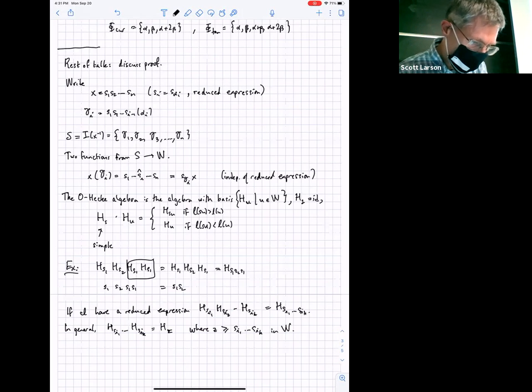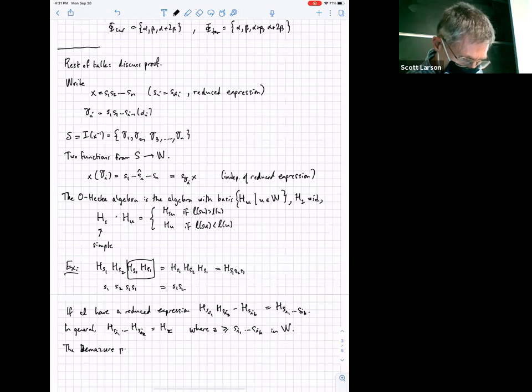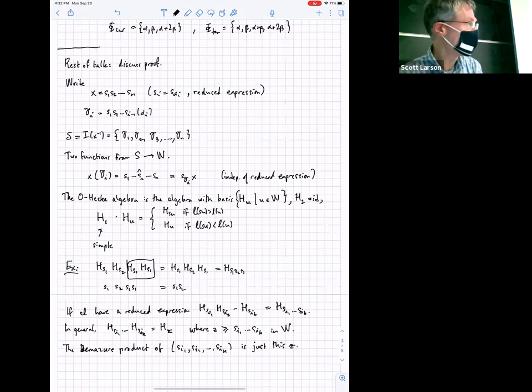So the Demazure product of the sequence s of i1, s of i2, up to s of ik is just this element z.